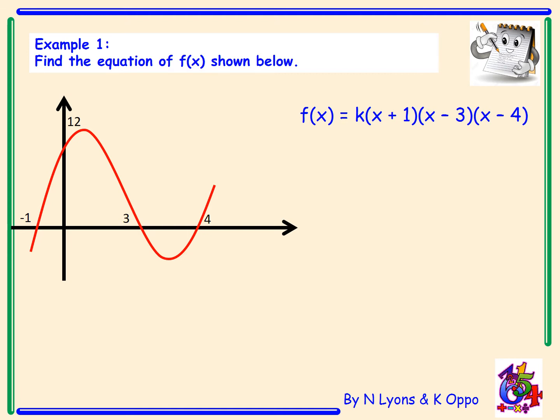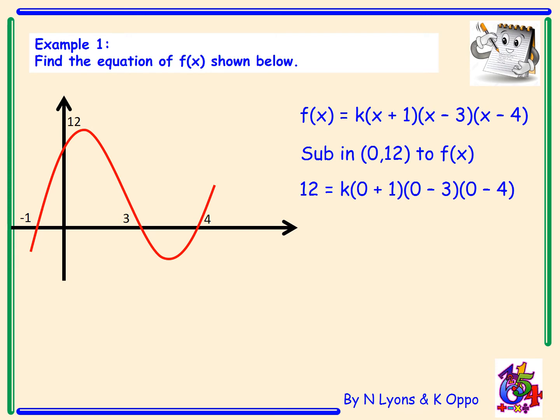We may have a constant k, and as you can see when given one other point on the graph, the other point is (0, 12), and we must sub this in. So x is 0 when y is 12. So 12 equals k times 0 plus 1 times 0 minus 3 times 0 minus 4.